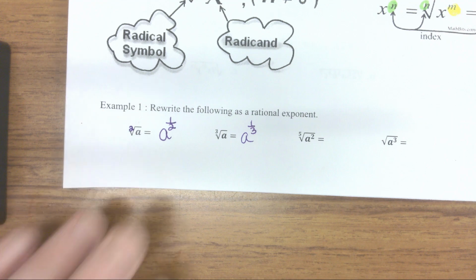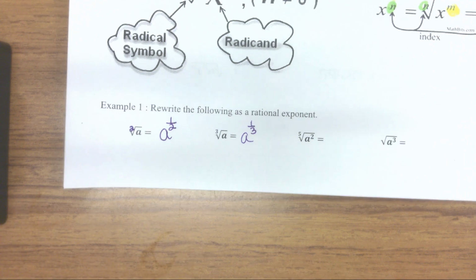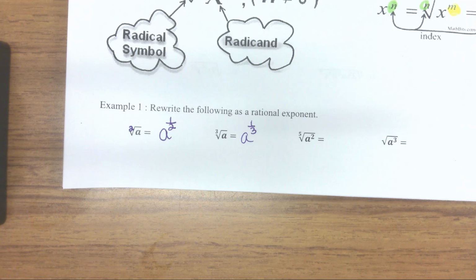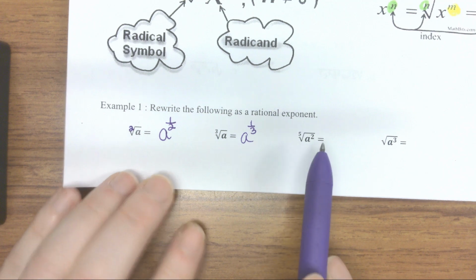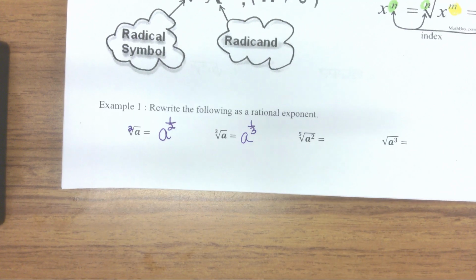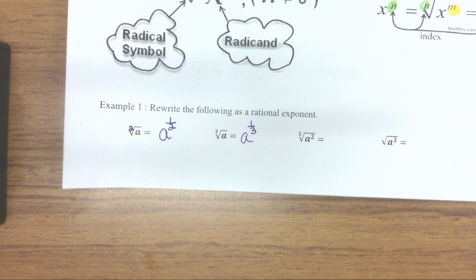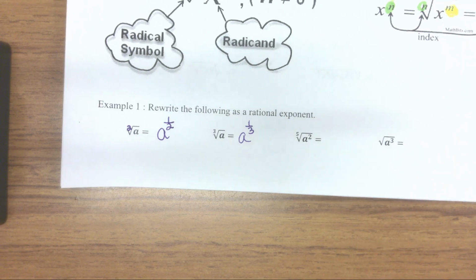This is where we go real slow. What if you see two things? What if you see a radical and a power? I'll tell you in a second. All right.